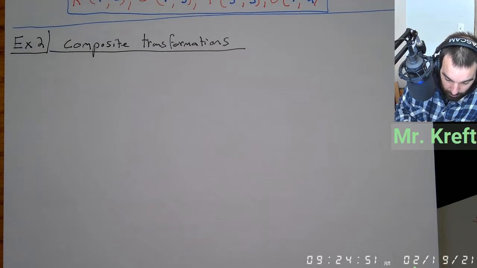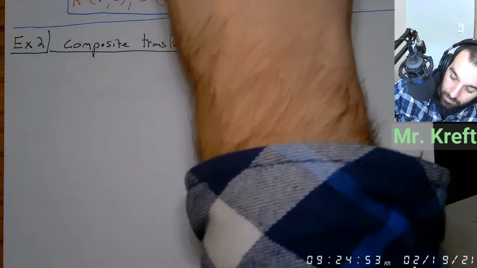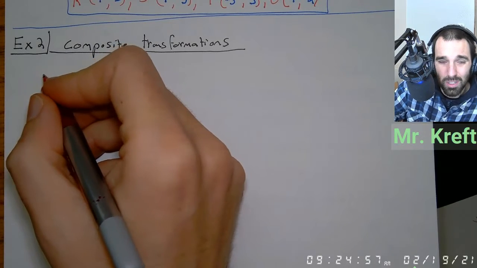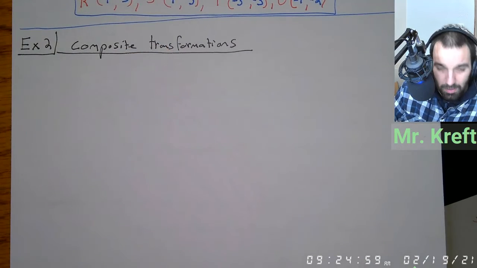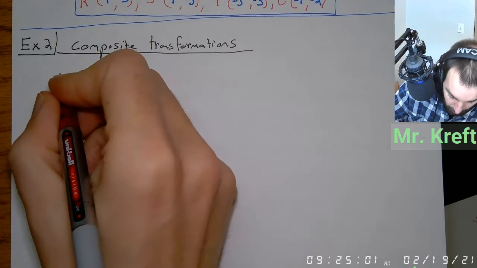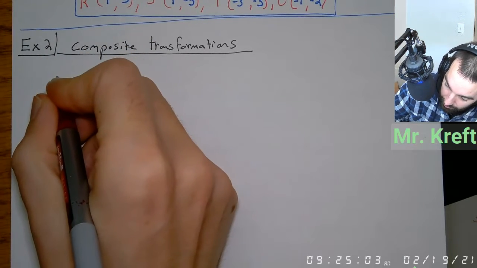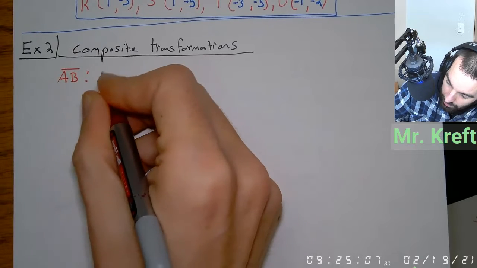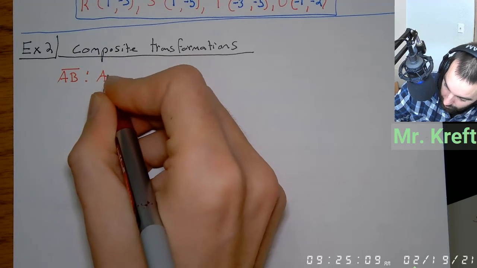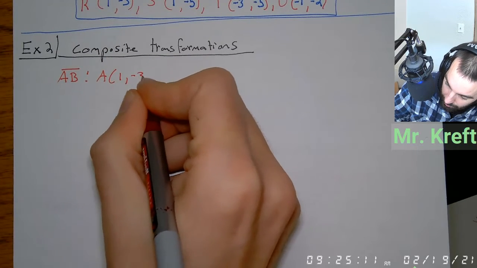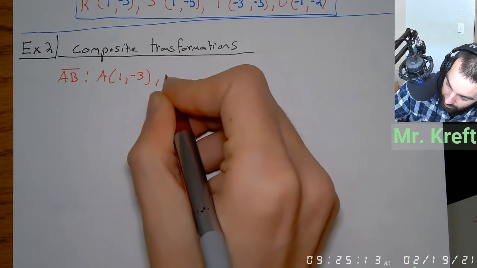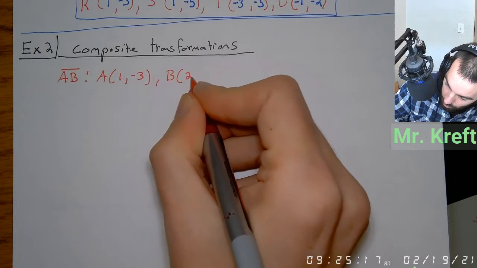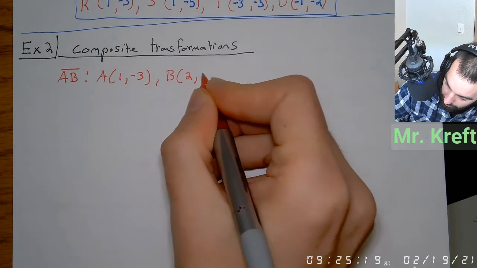So I'm going to give you, let's just do a segment because it's quicker. Let's say I have a segment AB where A is 1, -3, and B is 2, -6.